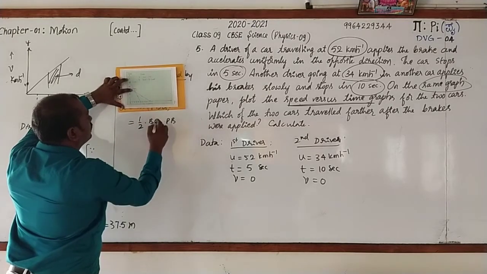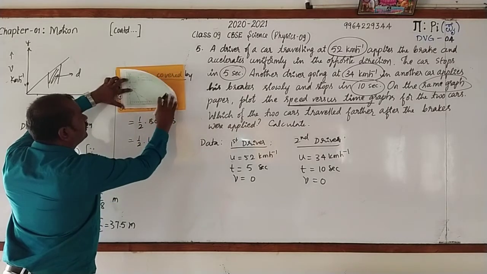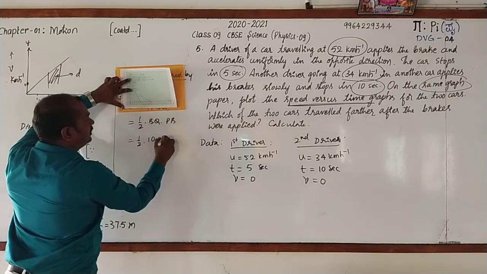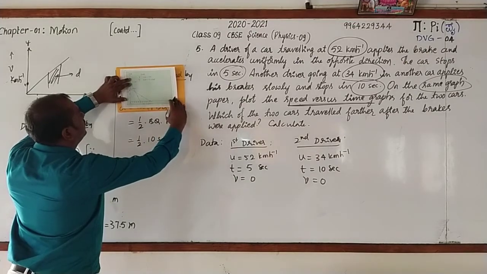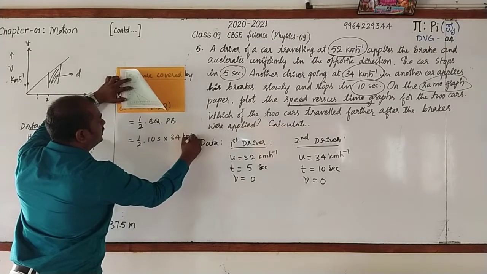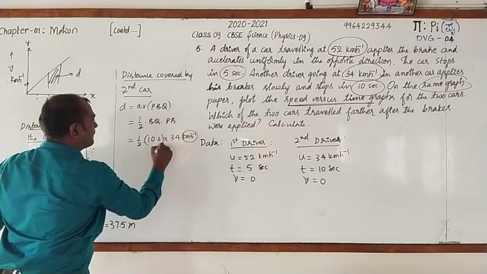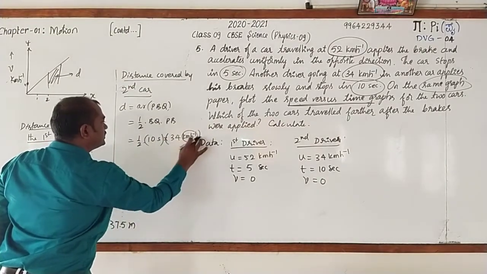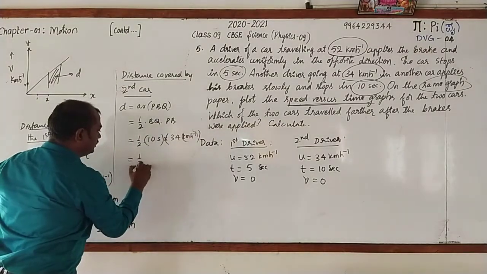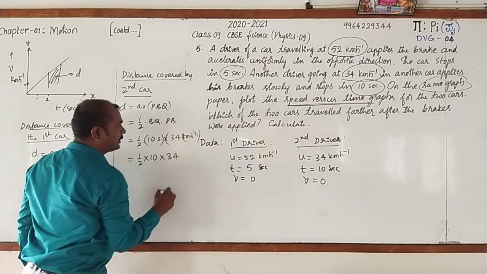Now let me write half into BQ, which is 10 seconds, into PB, which is 34 km per hour. Now this can be written as half into 10 seconds into 34 km per hour.